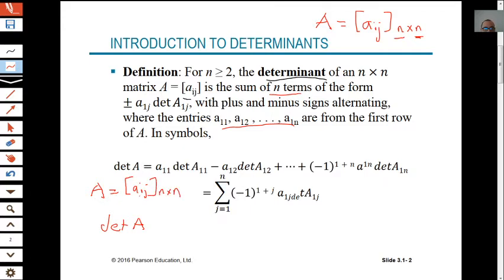Aij is the entry in the ith row and jth column, if you remember, and it is shortly written, using the sum symbol from 1 to n, j is changing here, as the sum of minus 1 to the power 1 plus j, a1j.